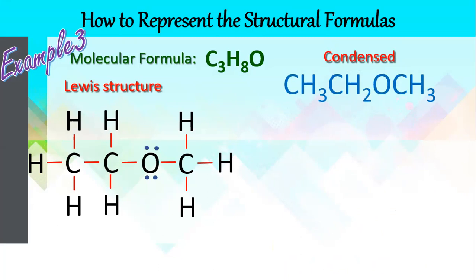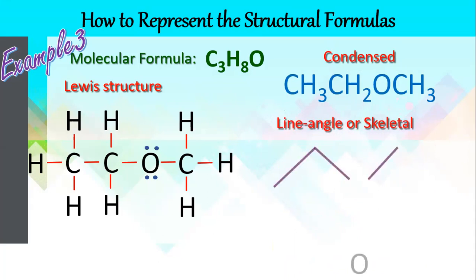For the skeletal structure or line angle formula, you don't show any hydrogen atoms that are on carbon. You only show the bonds between the atoms. However, the only atoms you show are the non-carbon and non-hydrogen atoms, like oxygen, nitrogen, sulfur, phosphorus, and so on. So in this case, we have to show the oxygen in this skeletal structure, and of course, it's four dots.